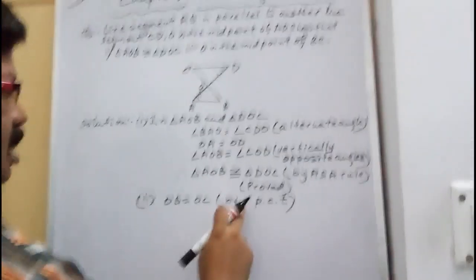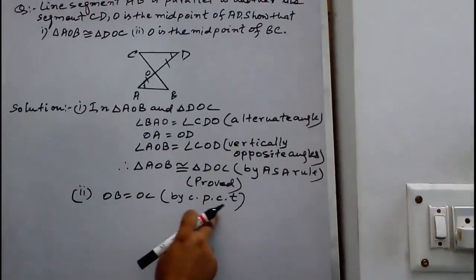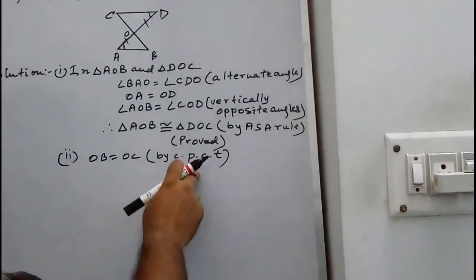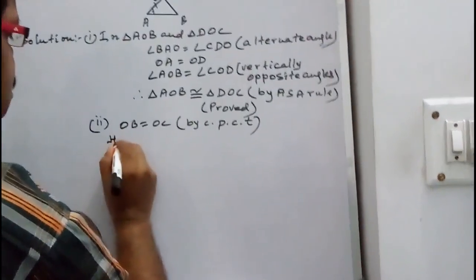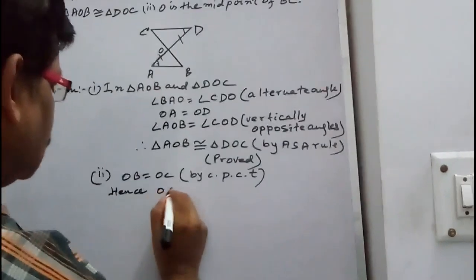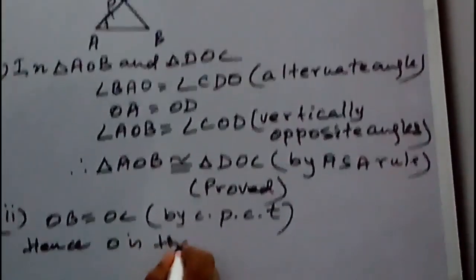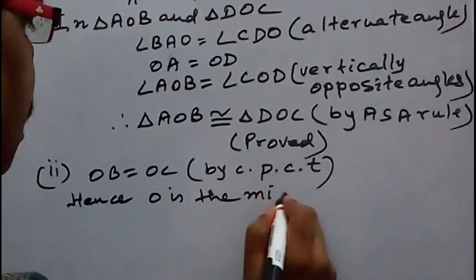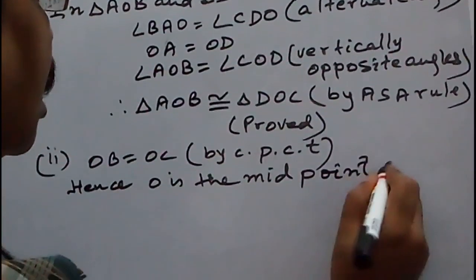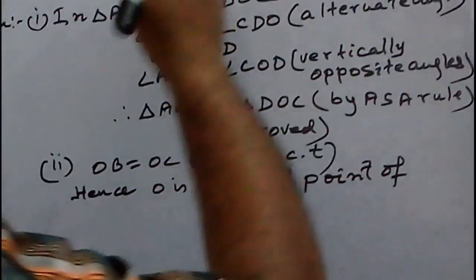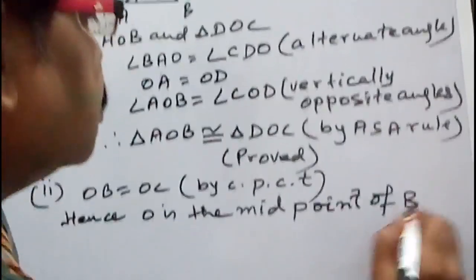Therefore, we can write that by CPCT, which you have to prove. Hence O is the midpoint of BC. So the second one is proved.